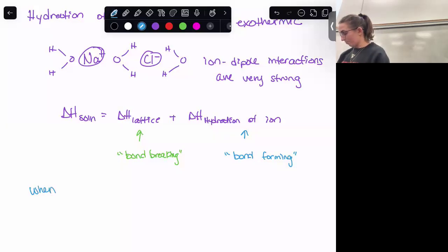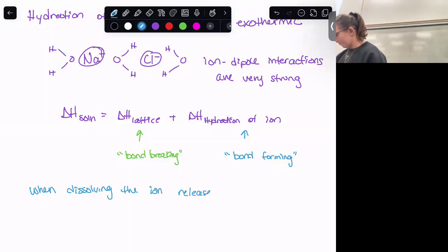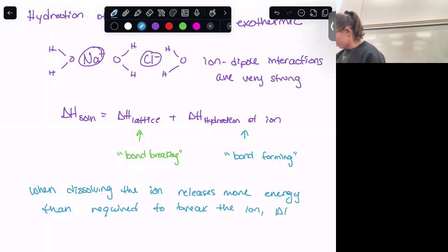So when dissolving, the ion releases more energy than required to break the ion, delta H solution is negative. Questions there?